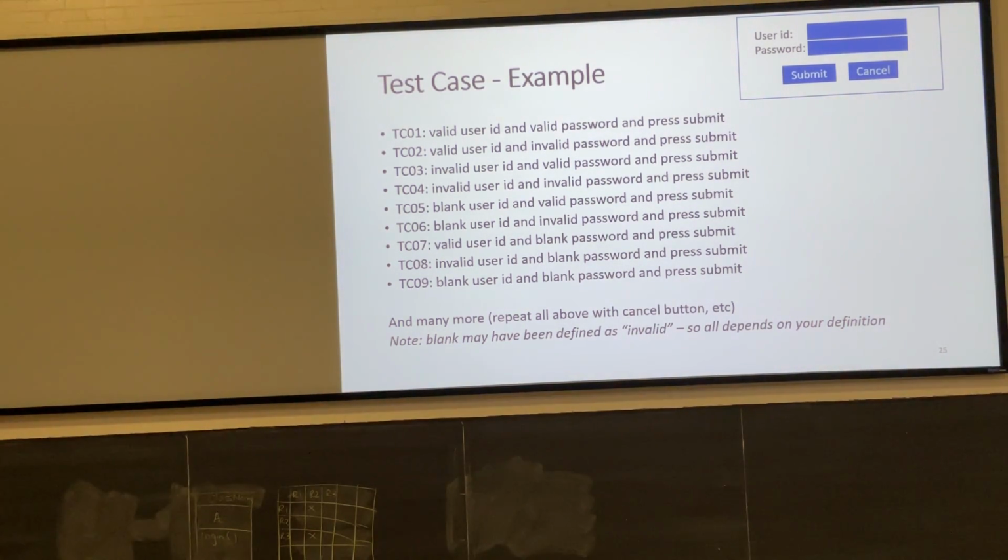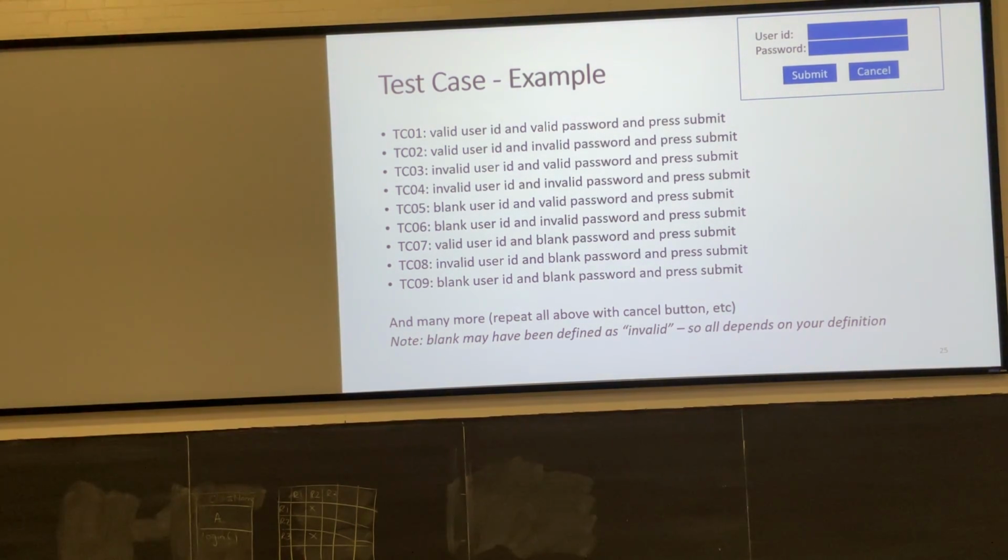So I have a little note here. You would see that I have some blanks, like TC05, TC06. Why am I looking there? It's right here. TC05, TC06, you have some blanks. So if you have defined blank as being a subset of invalid, then by saying invalid, as in TC08, you're already covering blank.